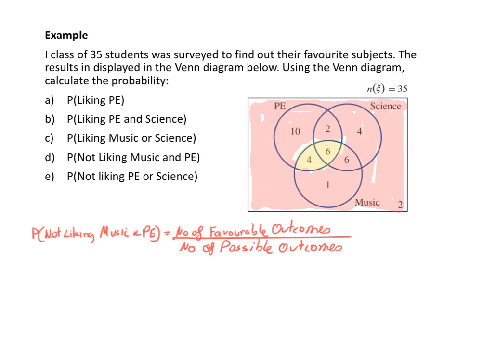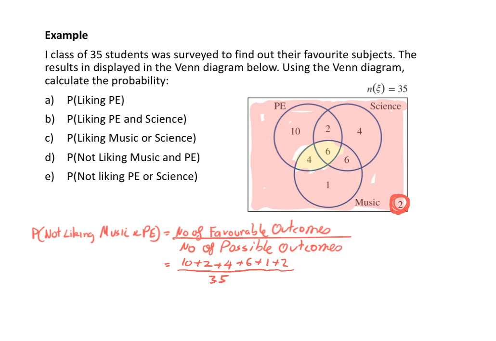So now I can use this information to work out my number of favourable outcomes. So going back to my formula, my favourable outcomes is going to be 10 plus 2 plus 4 plus 6 plus 1 plus 2 over 35, because that's my total possible outcomes. This time I am including the responses within my universal set, but not within one of my circles.